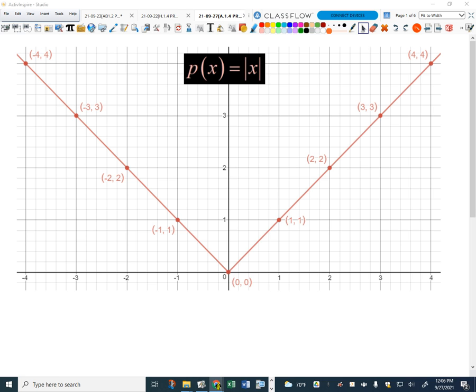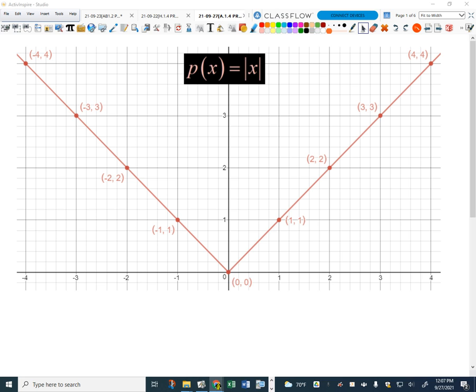One good way to think about understanding the pattern that we use to solve absolute value equations is to use a graph of an absolute value function. So this is what an absolute value function looks like. If we graph the function p of x, we could just call it y if we wanted. We'll use function notation though. P of x equals the absolute value of x. It just looks like this. That's the shape of an absolute value graph.